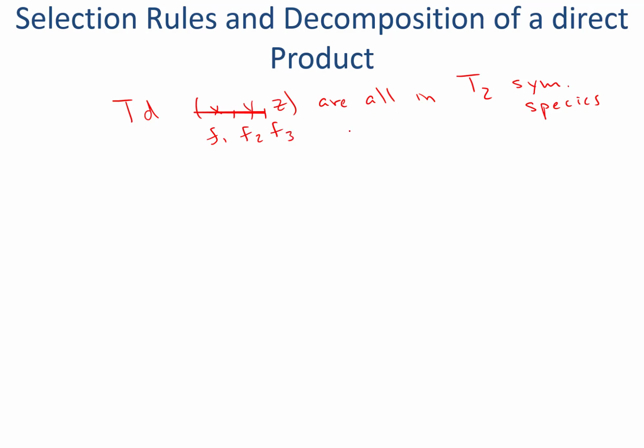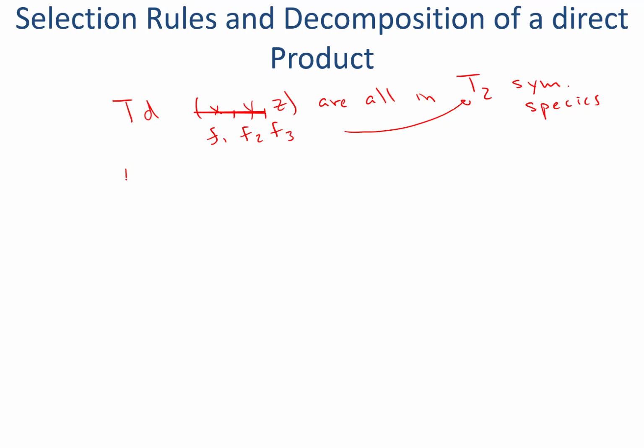Okay, by looking at the Td character table, we can see that x, y, and z components are all in the T2 symmetry species. So that's our function. Each one of these, F1, F2, and F3, are all coming from T2.